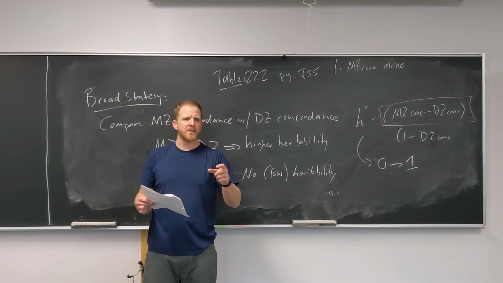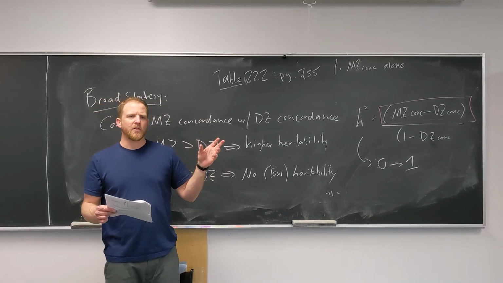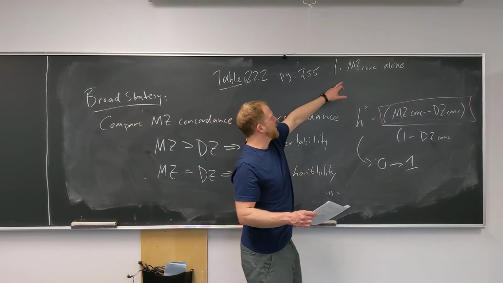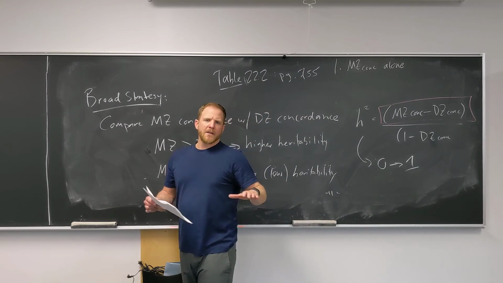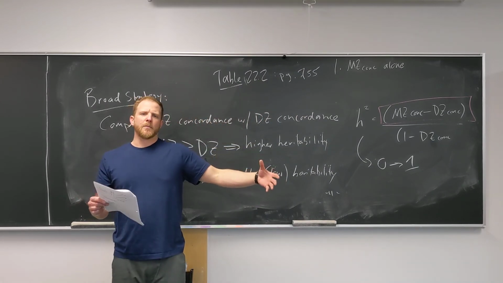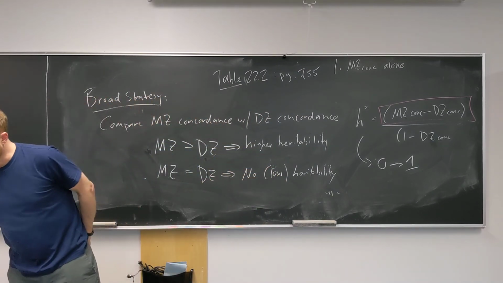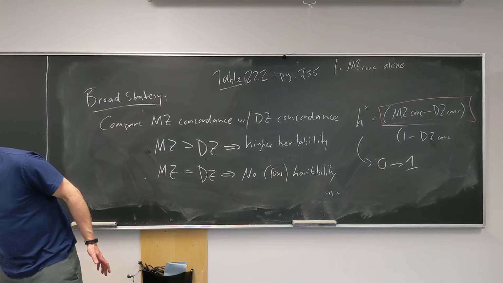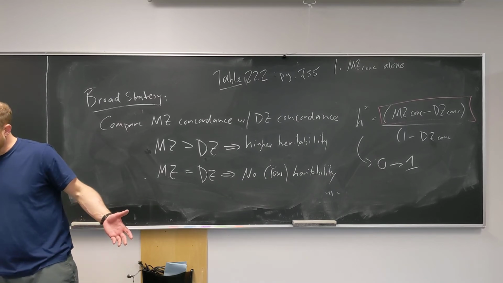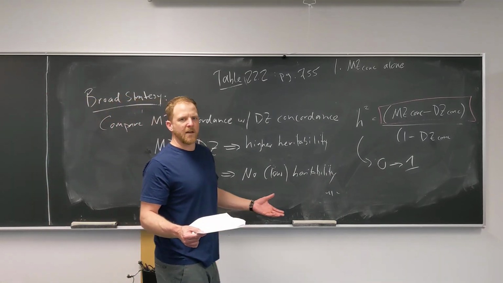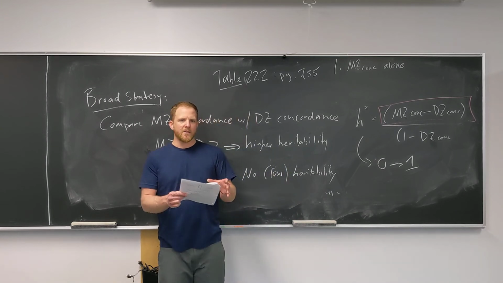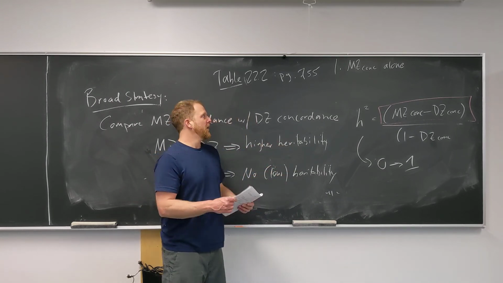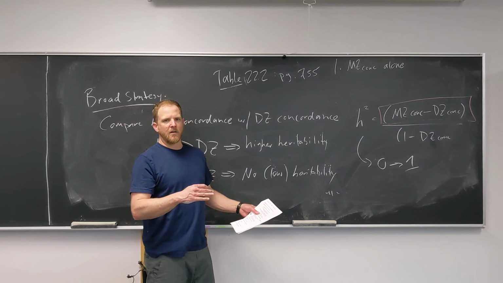It's not going to be perfect, maybe not as good as comparing the two, but if this monozygotic twin concordance is very, very low, that suggests that maybe there's a really large environmental contribution to this. So just looking at the table over here, one of the lower ones is, say, Parkinson's disease. Okay, that has a monozygotic twin concordance of 0.16. That's pretty low. Suggests that maybe there's a large environmental component to this one. Okay, so the first thing you do is just look at the monozygotic concordance values.